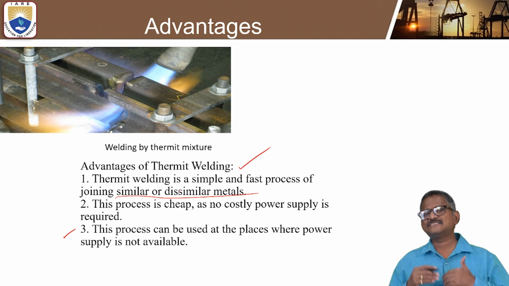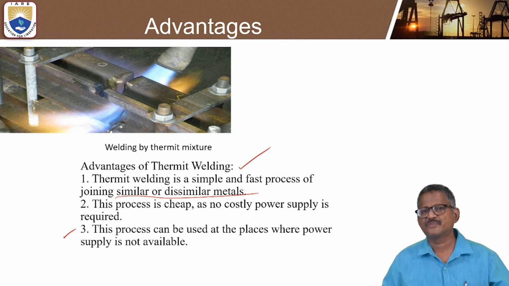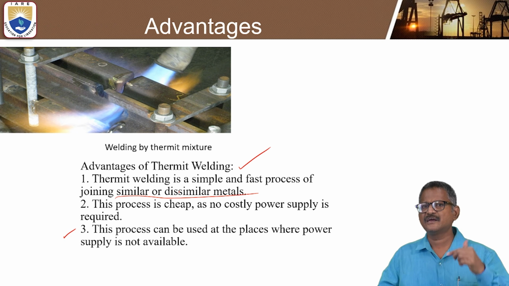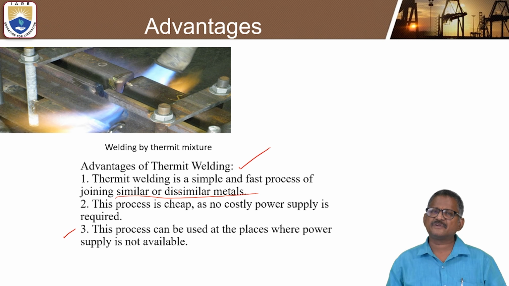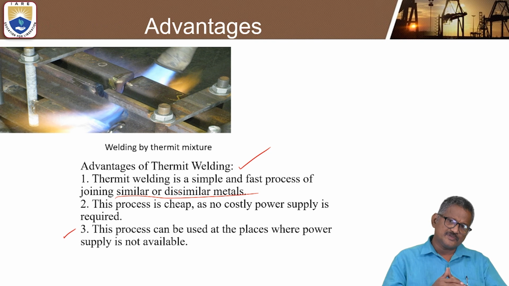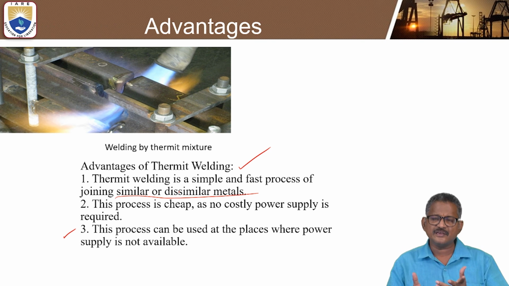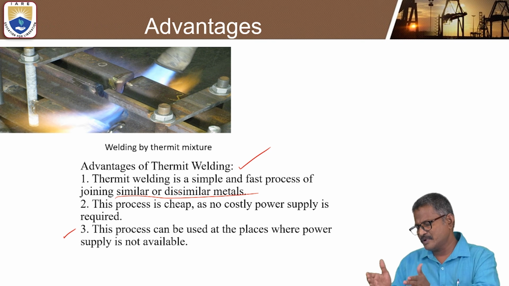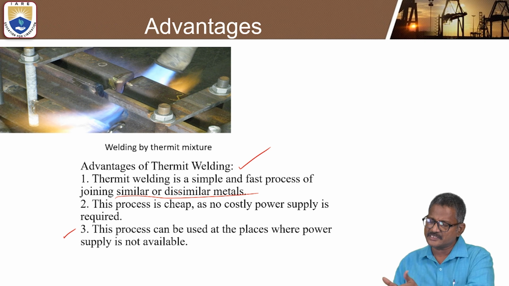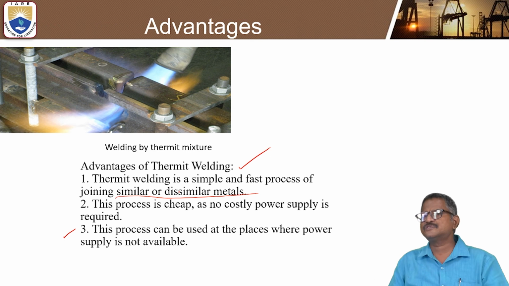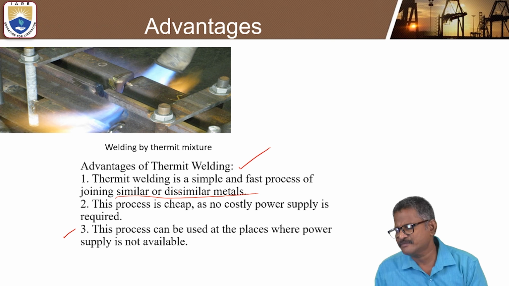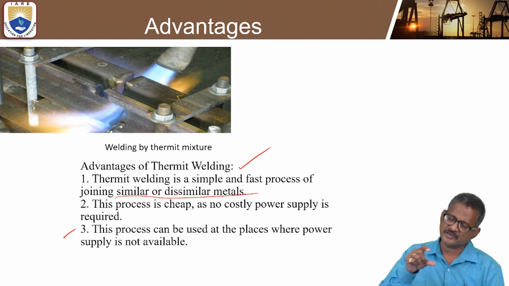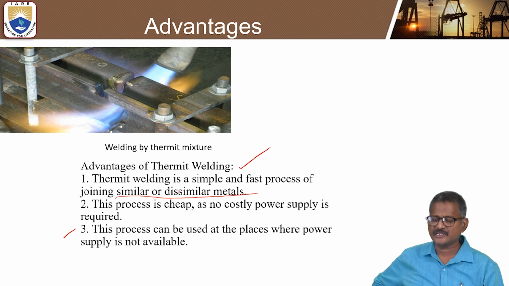Thermite welding is a simple and fast process of joining two similar and dissimilar metals, and this process is almost all cheap and there is no costly power supply, only manual. Once it reaches the position, you can pour the molten metal, and some 50 to 60% of the part can be done in that one pour.